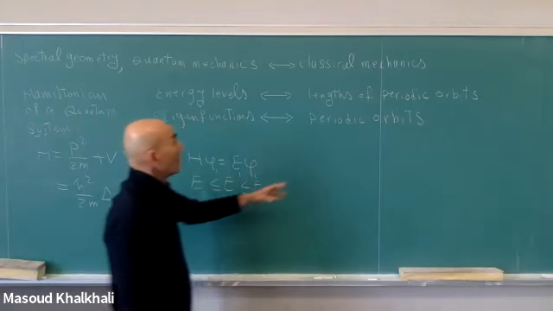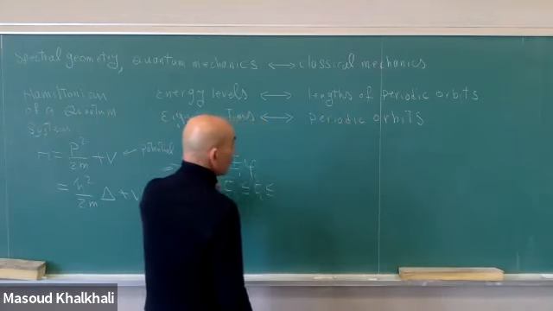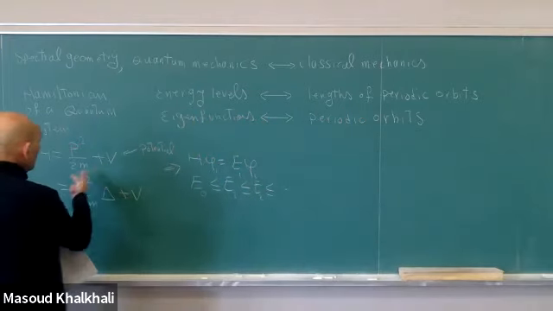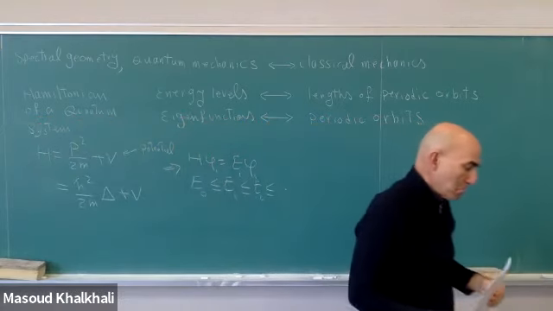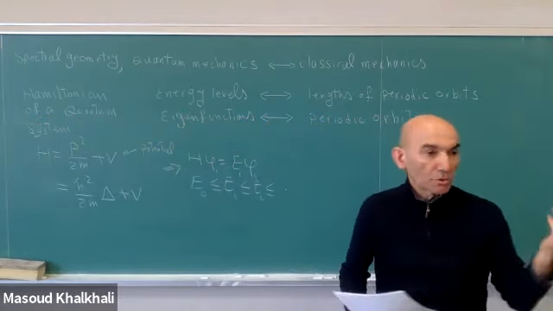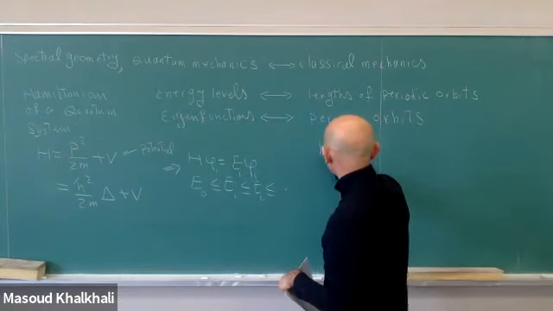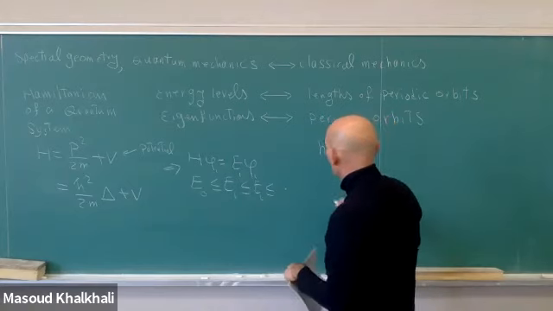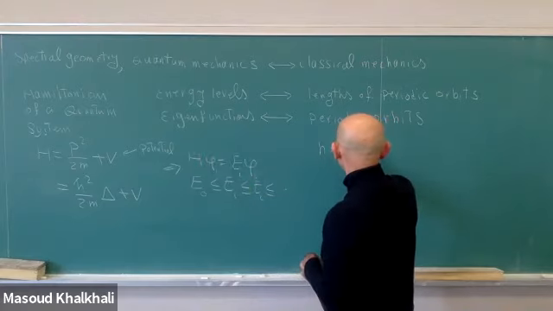So now, lengths of periodic orbits. Well, what orbits of what? Here you can think of a Hamiltonian, also a classical Hamiltonian on phase space. So this H is this classical Hamiltonian. Again, by the same formula, but I just write p squared over 2m.